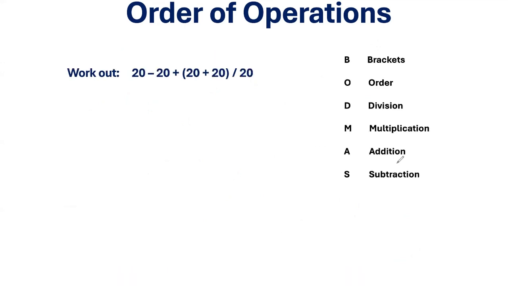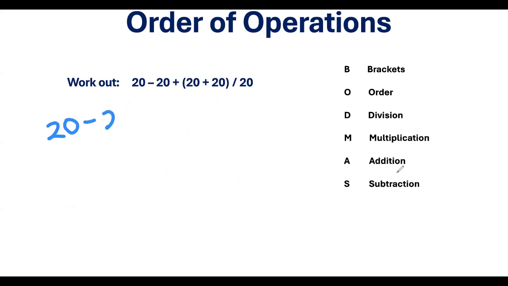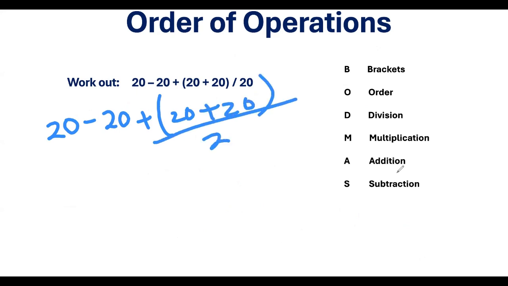Next question is 20 minus 20 plus 20 plus 20 in brackets divided by 20. This question can be written like this: 20 minus 20 plus (20 plus 20) whole divided by 20.